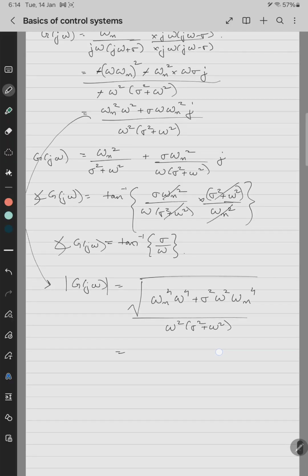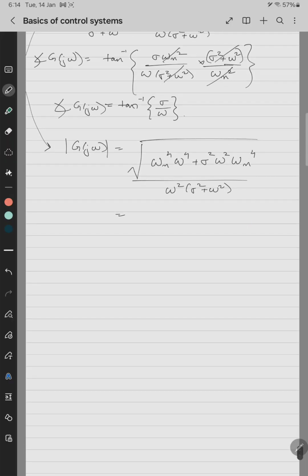So it will be omega n square by omega square under root of, omega n to the power 4 and omega square we will take out, so it will be 1 plus sigma square, so not 1, omega square.